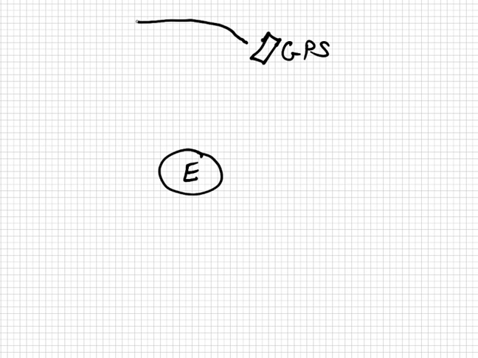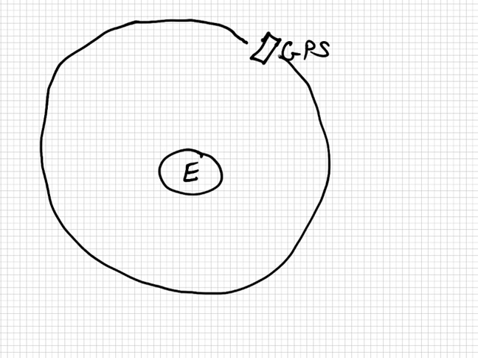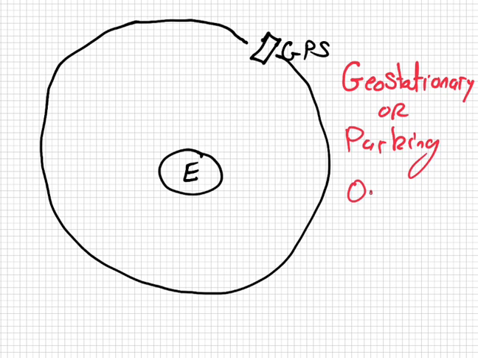Okay. There's two words here. Geostationary or parking orbit. So you can use this word or this word.